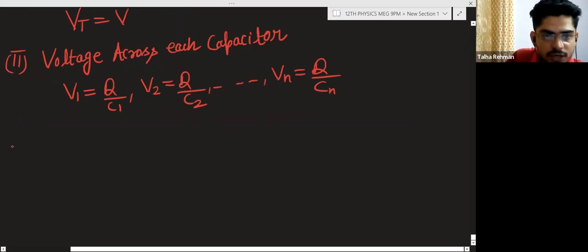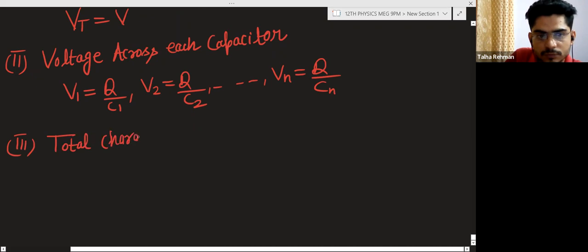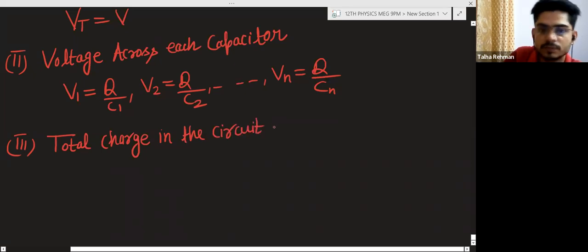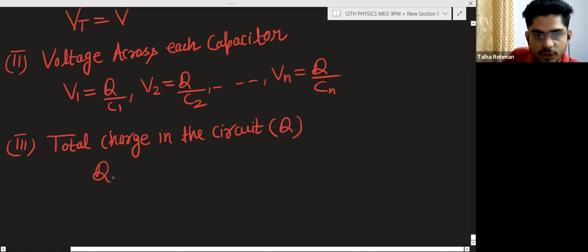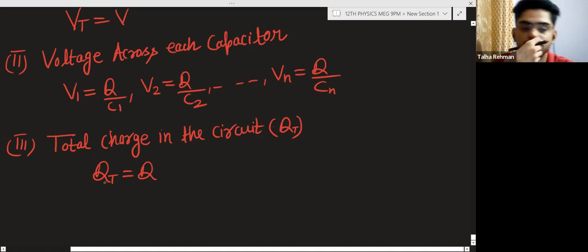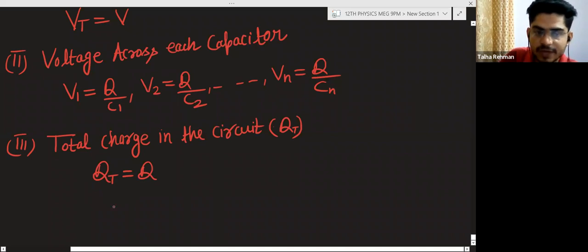Now, total charge in the circuit. I am representing it with Q, this I am representing as QT. So QT is equal to Q. If you want to calculate total charge, how will you calculate it?